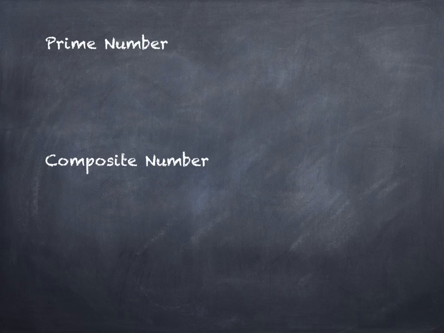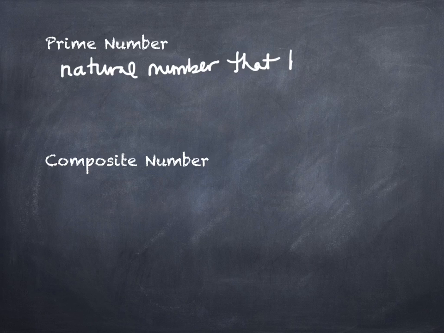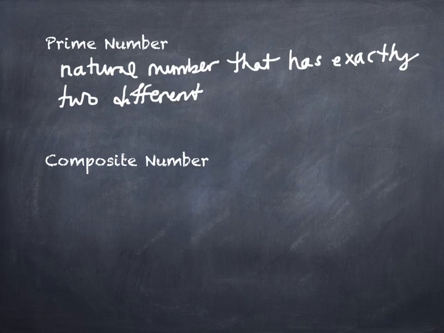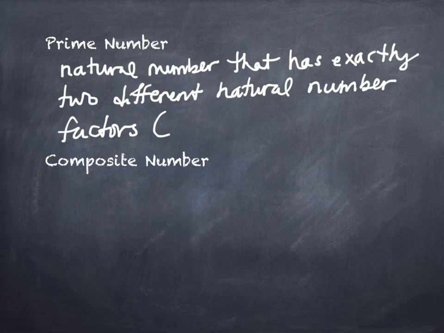Prime numbers are natural numbers that have exactly two different natural number factors, and those numbers are 1 and itself.